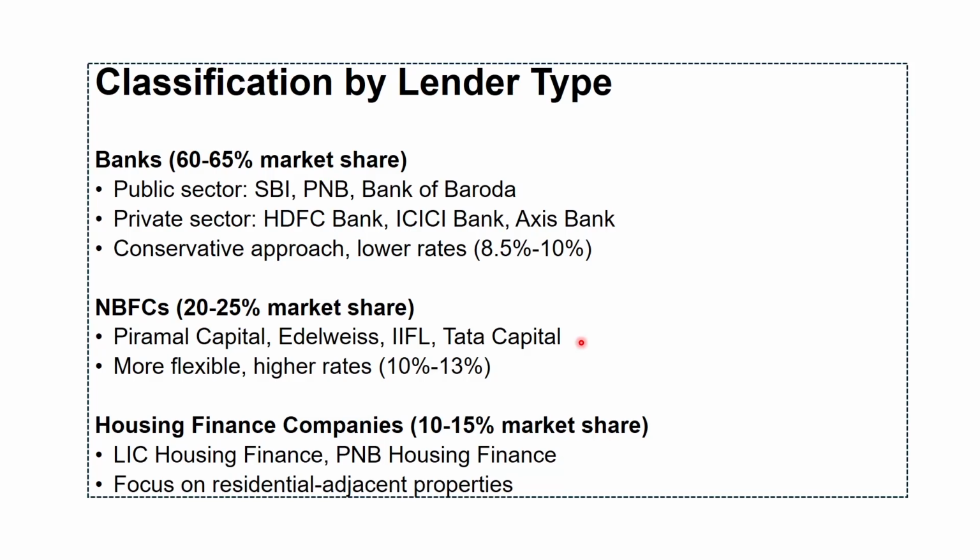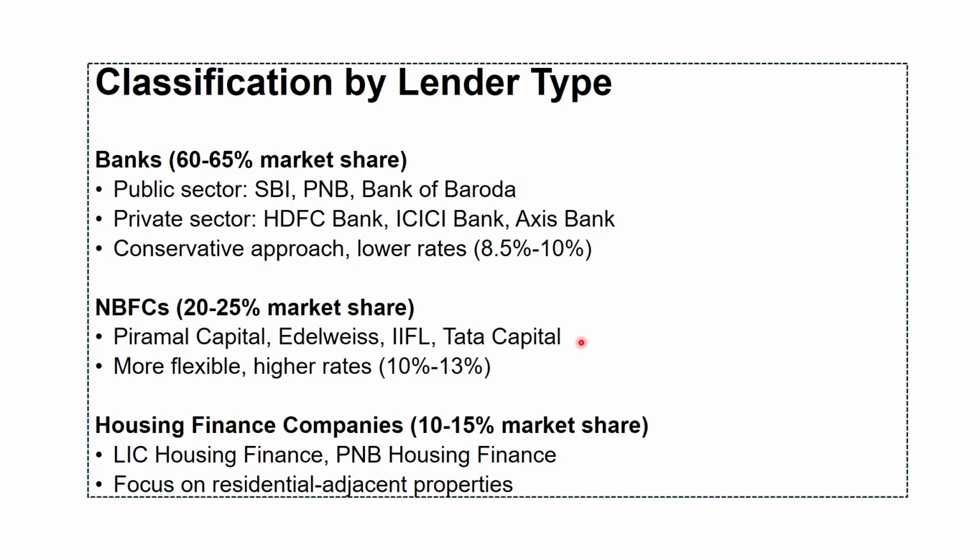So, in lecture 10, we saw what the different lenders are, and here we focus on commercial lending dynamics. There is a question which comes to mind, and that is why anybody would choose an NBFC over a bank.